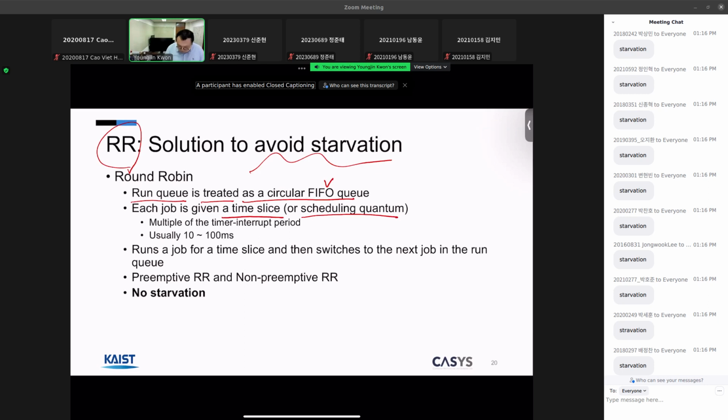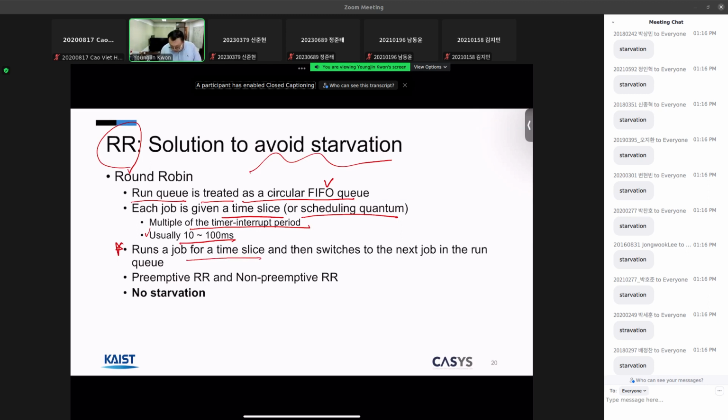The time quantum is usually a multiple of the timer interrupt period, depending on the operating system. Some systems have very fine-grained time quanta, and some systems use 5 to 100 milliseconds. So the idea of round robin is to run a job for a given time slice.